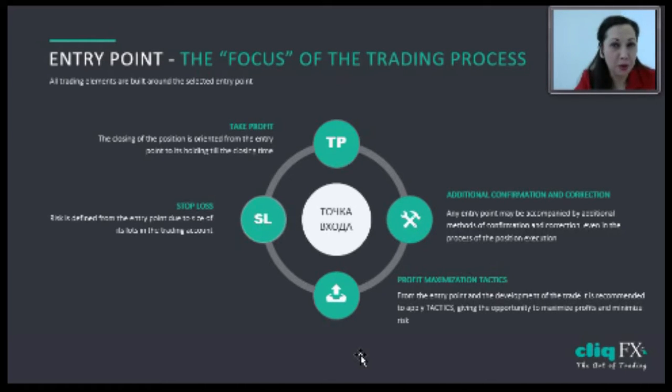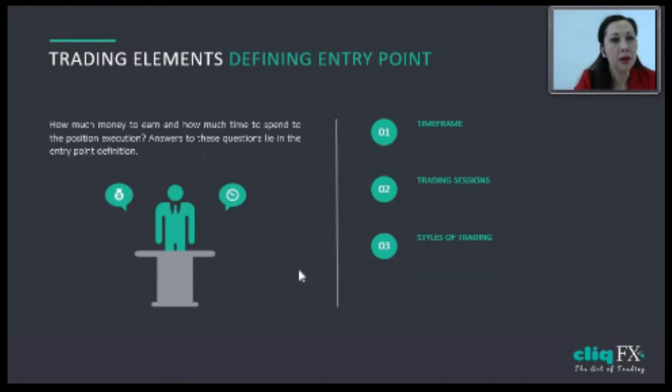So your goal as a trader is to define the entry point. There are some trading elements that we examine according to this parameter. Now let's take a look at the parameters due to which a trader actually forms the entry point.